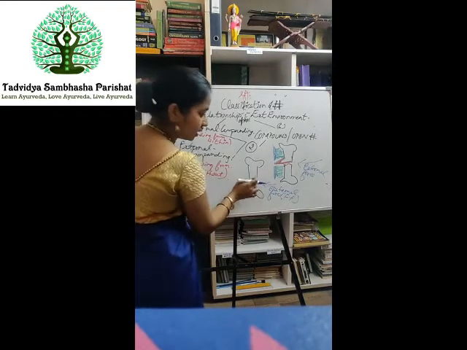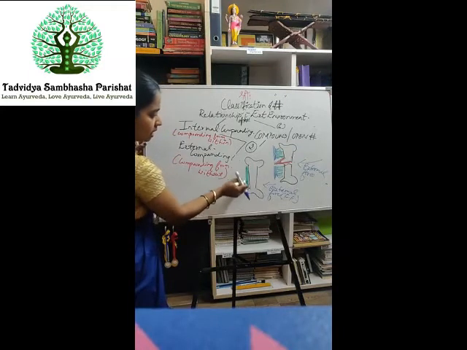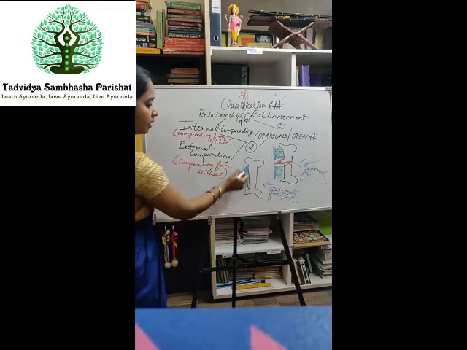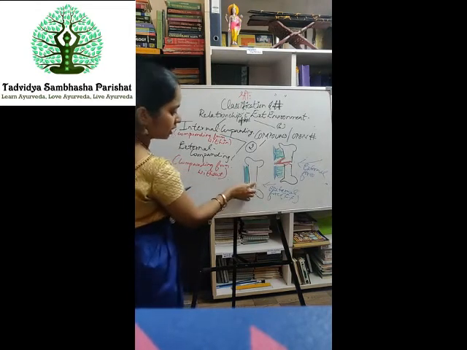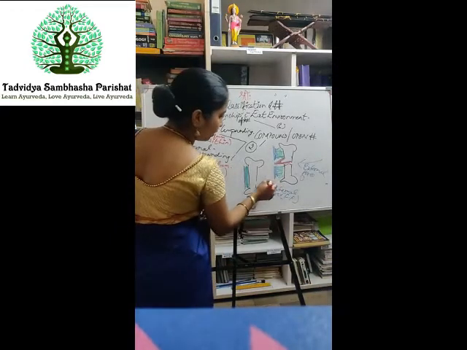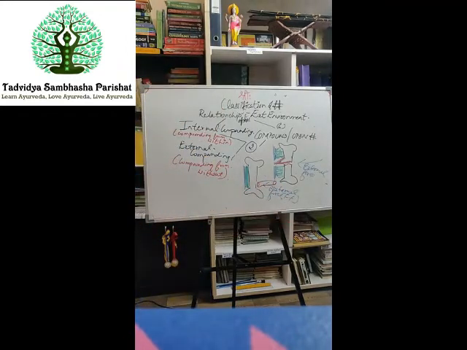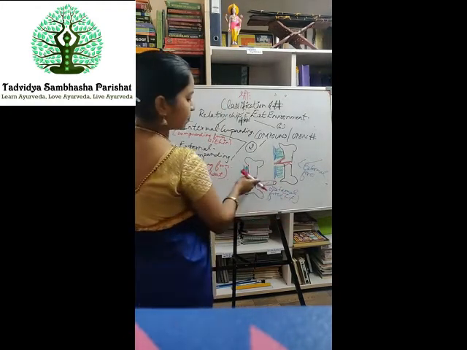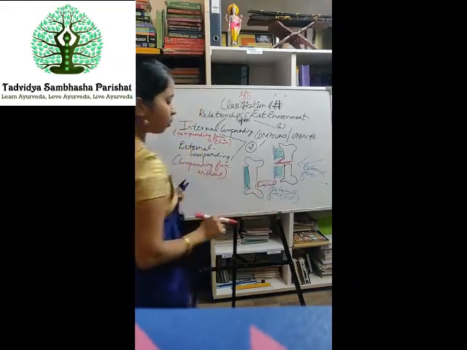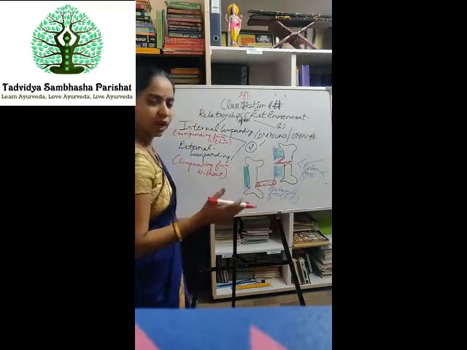So here we have the muscular layer and we have the skin intact here. So now we have a discontinuation. Suppose you have a log of wood that is being beaten or hit, or some metallic instrument that is being thrown upon, or it could even be a knife or anything.